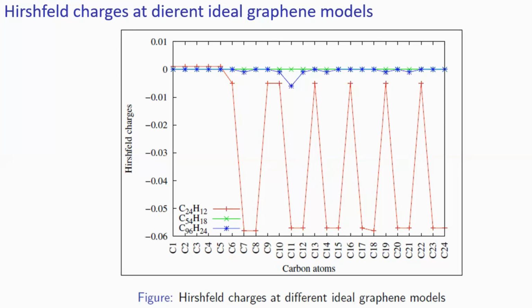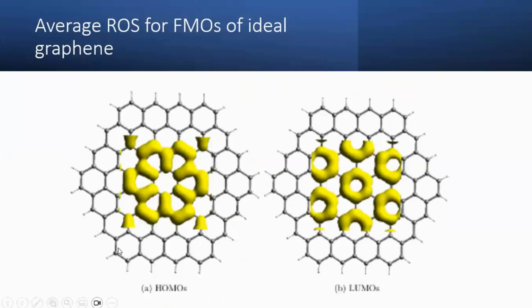This suggests that if I take the C96 model, the seven hexagons which are present at the core will mimic the carbon atoms of the graphene system. Then what we did, we plotted the HOMO orbitals.